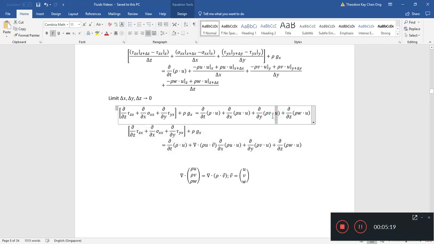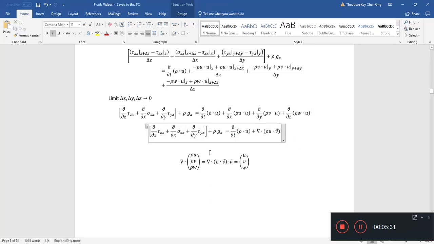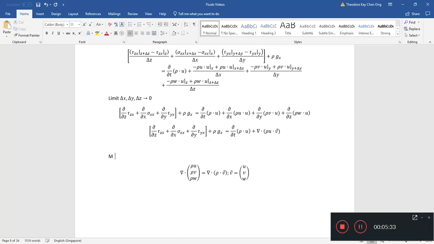But we can factorize out, so to speak, rho u. So this is mass, and this is the momentum.